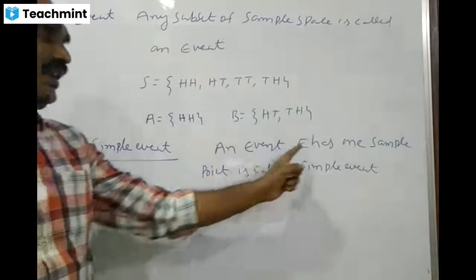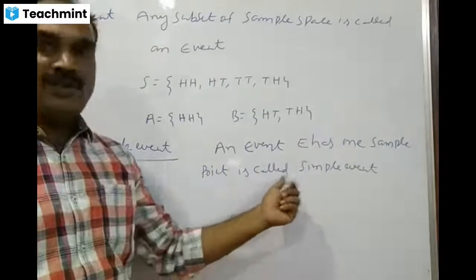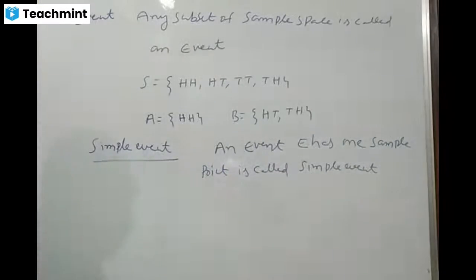An event E that has one sample point is called a simple event.